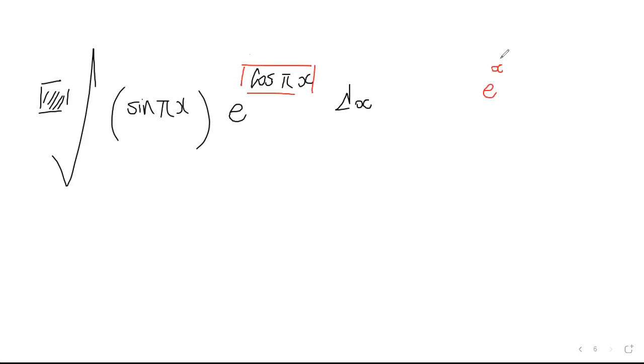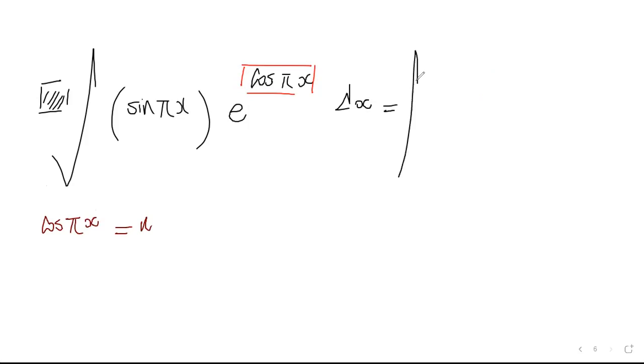I do not see e to the x there; instead, I have cosine of pi x. Is it possible that I do this? I take cosine of pi x, which comes as the exponent of e, and rename it u. In that case, I get e to the power u, and that's my popular function.